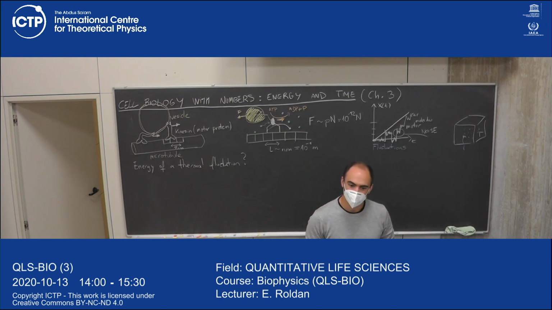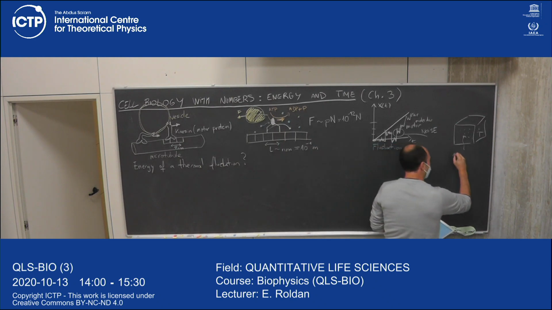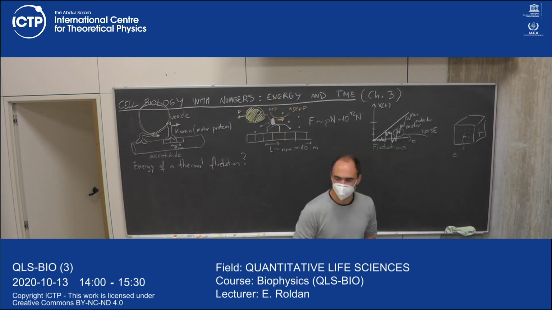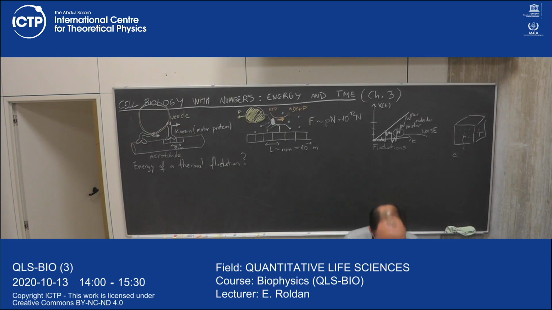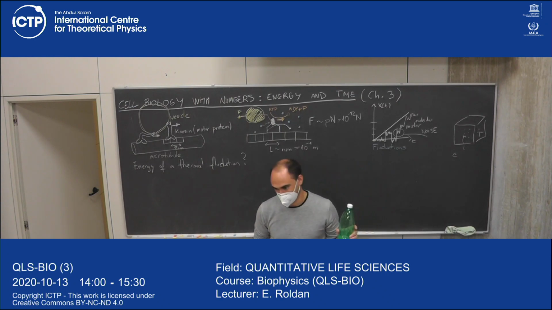Epsilon? Yeah, well, I call it epsilon. But what is the typical energy? You have a cube, you have the water inside here. There are molecules in this bottle. What is the typical energy of each molecule in this?